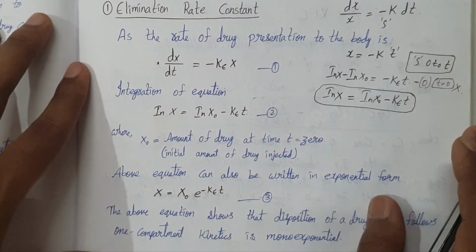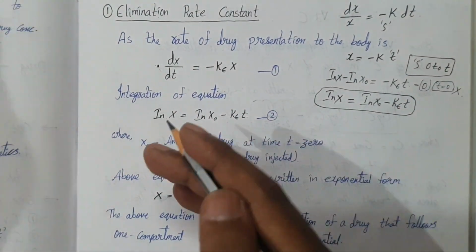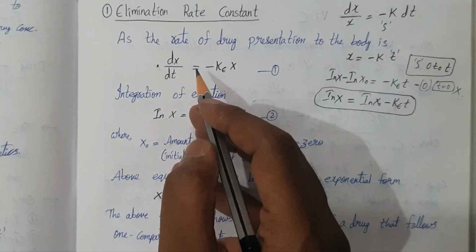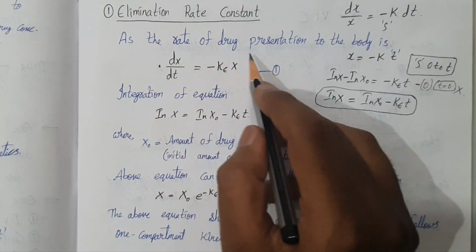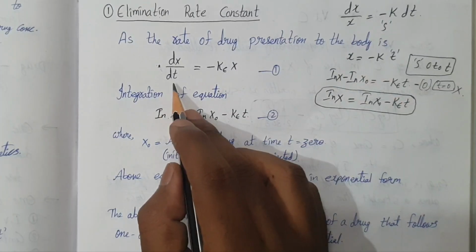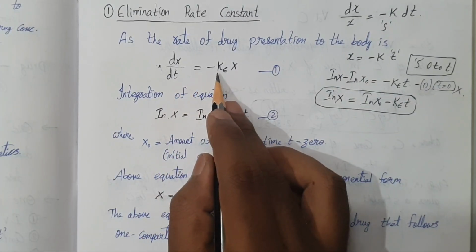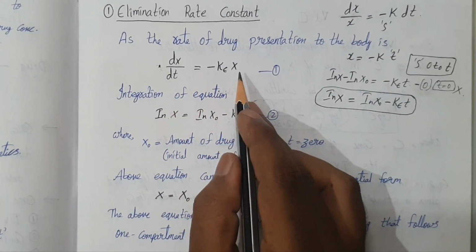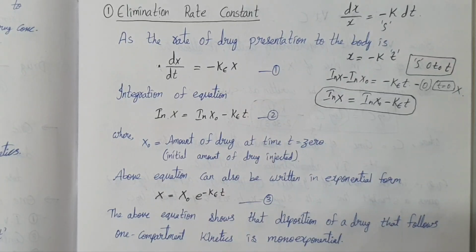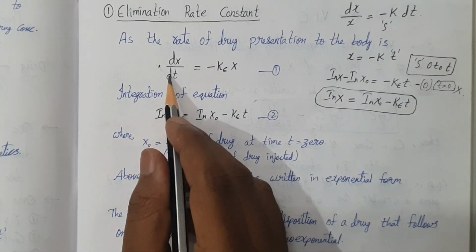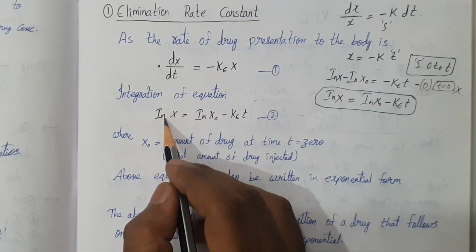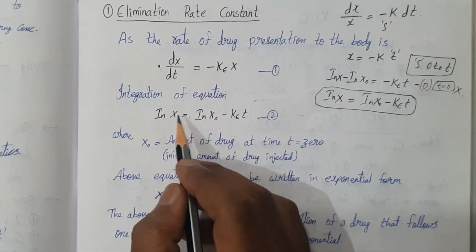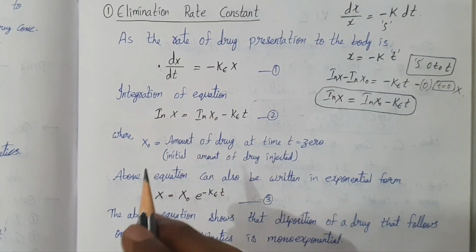First we'll discuss this, then I will show you how to get all of these equations by using only this equation. As the rate of drug presentation to the body is dx by dt equals minus Kex, this is our equation 1. Then we apply integration on both sides. How we get this, I will show you.